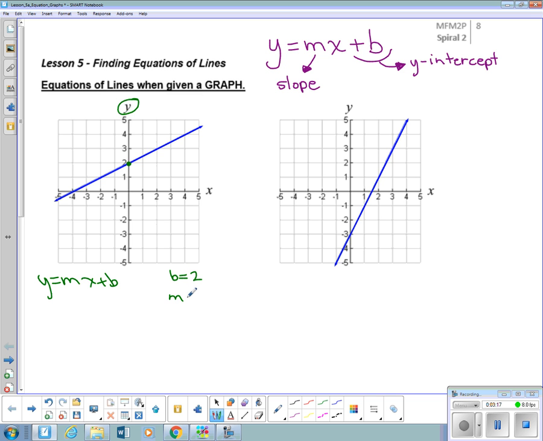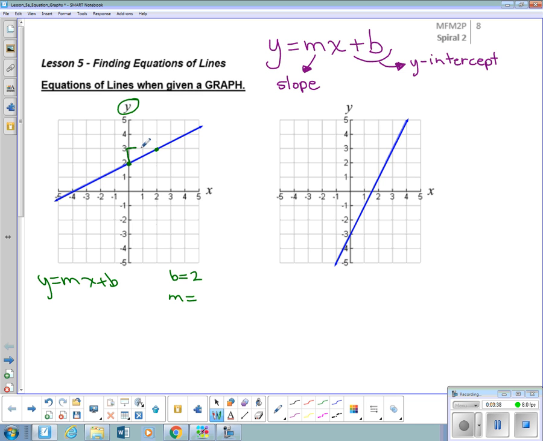Now to calculate the slope, remember I need to find another location on this graph where this line intersects the grid exactly. What I can see on mine and what you can see on your paper might be slightly different. I see a spot here, and there's other spots as well.